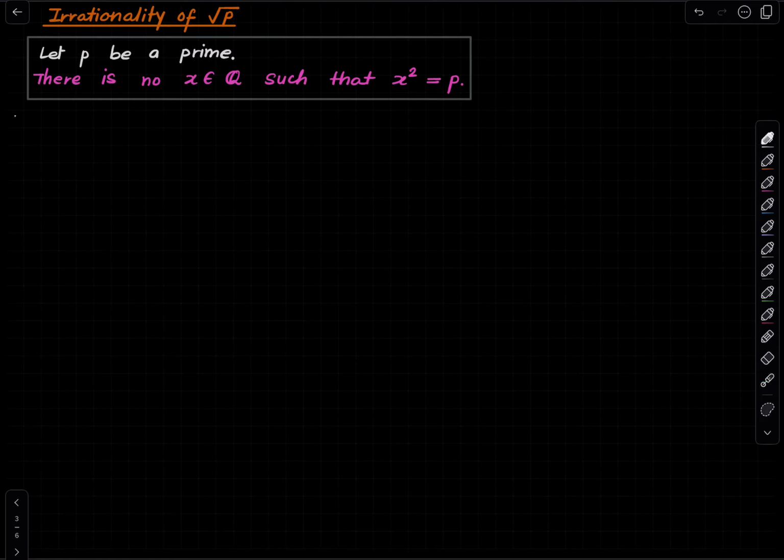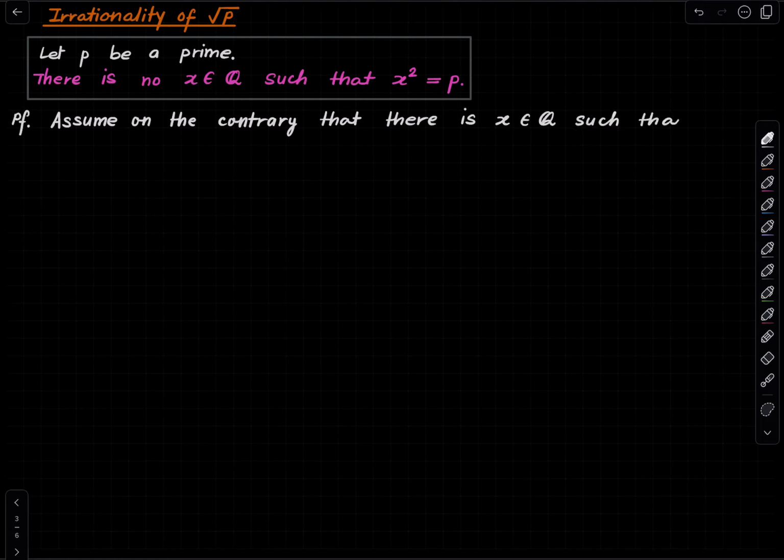We will approach by contradiction. So assume on the contrary that there is some rational number x such that x square is equal to p. And we may assume that x is positive. That much is fine.